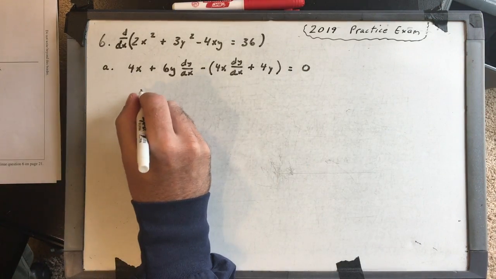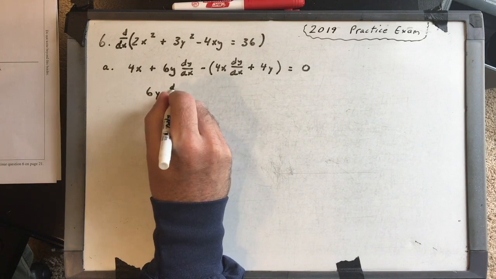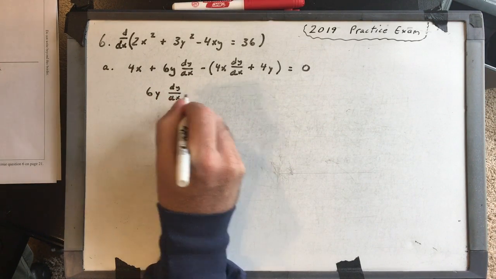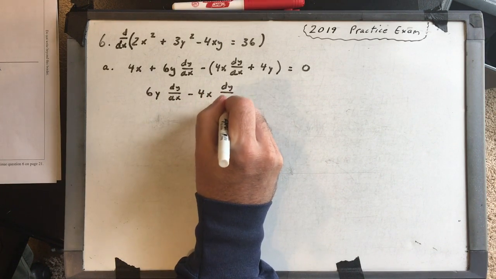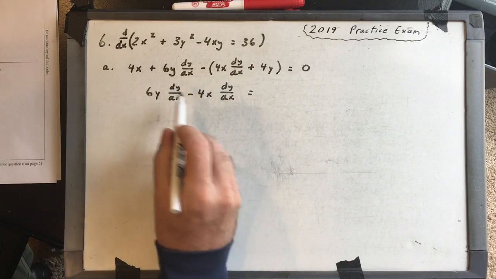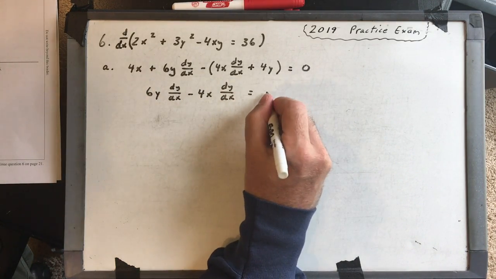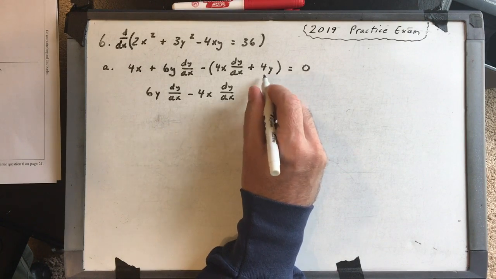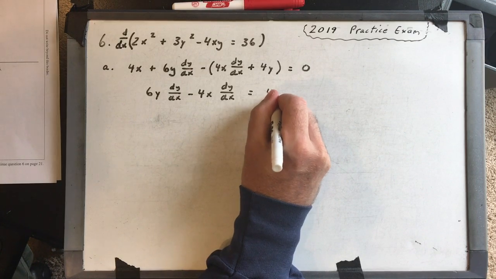Okay, so I'm going to put all the dy/dx terms on the left: 6y dy/dx minus 4x dy/dx. And then I'll move the non-dy/dx terms over to the right. So negative 4y, push it over to the right, it'll be 4y.